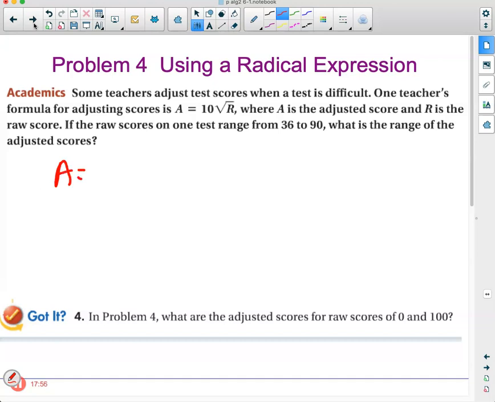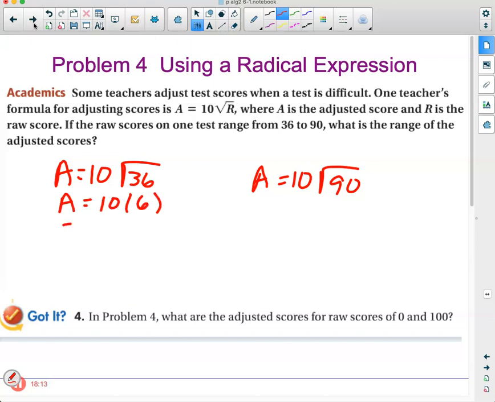Well, let's see. What happens to that 36 when it goes in the formula for R? And what happens to that 90 when it goes in for R? Well, this one would just be 10 times 6. So that's pretty good for somebody who only scored a 36 on their test. They're going to get a 60 in the grade book.